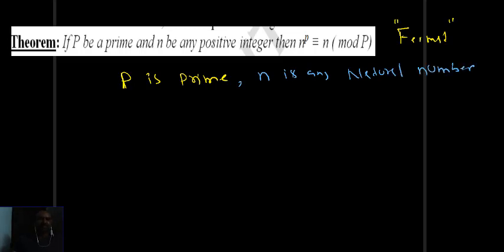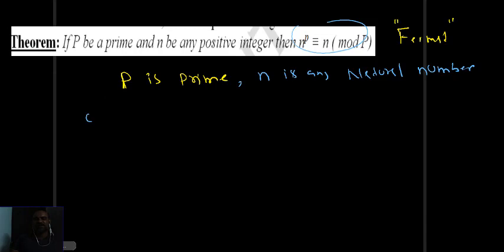P is a prime number, and n is any natural number. What should we prove? n power p is congruent to n modulo p. Means n power p divided by p should leave remainder n, or n power p minus n is congruent to 0 modulo p. Like that, you can give several conclusions.